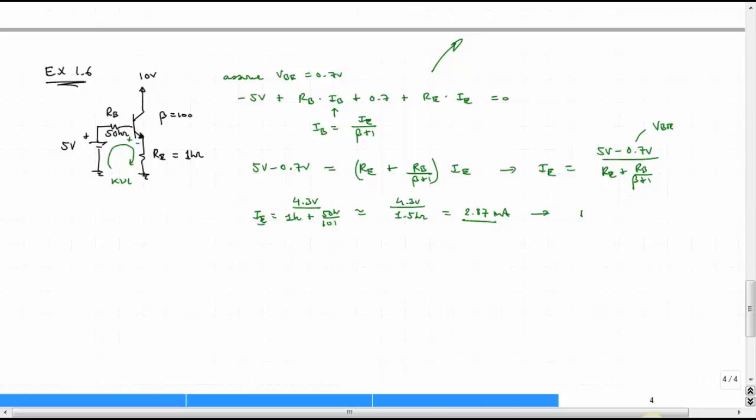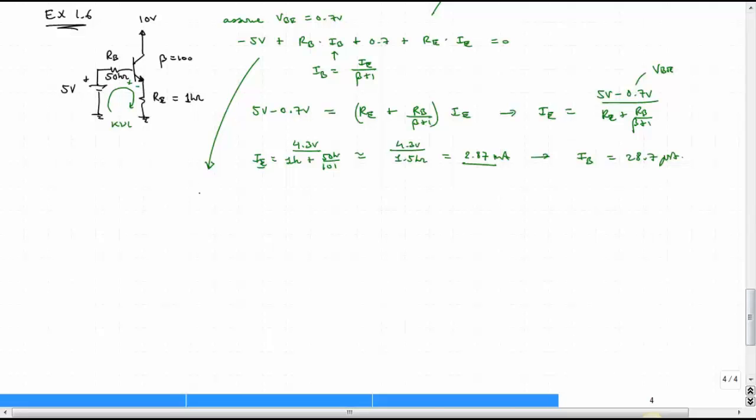And this would lead to a base current of 28.7 microamps. Now we could have taken this equation and solved for IB. We would say that IE is equal to beta plus 1 times IB, and that would lead to 5 volts minus 0.7 volts equal to RB plus RE times beta plus 1, and all of that would be times IB.